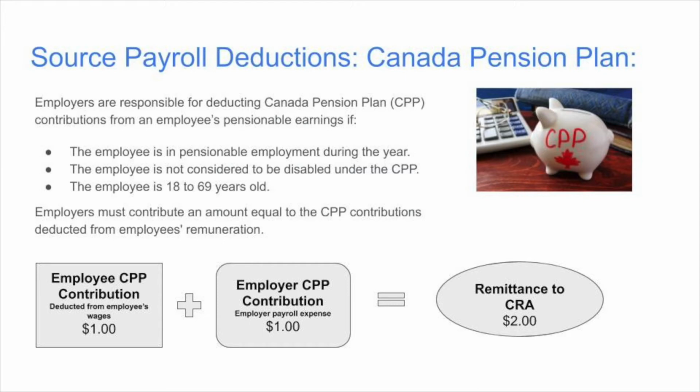It goes into a pool so that when people retire, they will receive some benefit. You, as an employer, then need to make your contribution to the Canada Pension Plan, but you're also responsible for collecting the employee's portion and submitting it as well. So you're going to put in $1, they're going to put in $1, and you in turn are responsible for paying $2 to the Canada Revenue Agency for those collections.